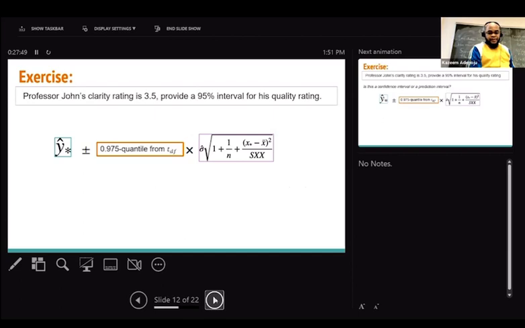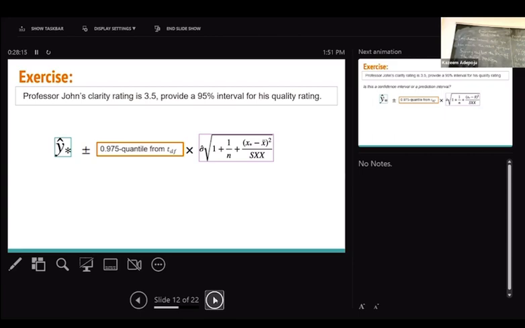Now, I want to go back to the question we're solving. Don't forget, for a particular professor, Professor John, whose clarity rating is 3.5, we have already gotten the quality to be 3.55, but we want to obtain the 95% confidence interval. What kind of interval do we want to do now?